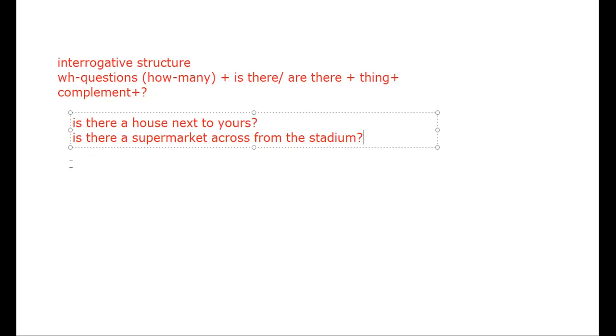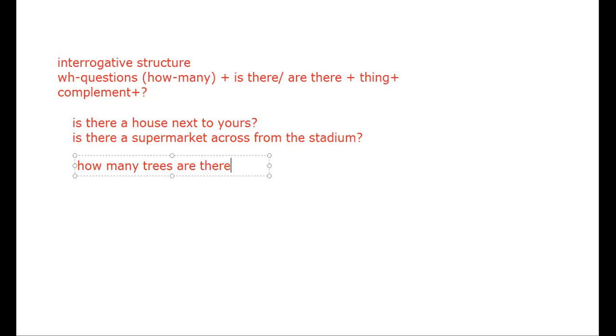Okay, now look at this. How many, como ya es cantidad, en este caso, como es cantidad, ya no vamos a ocupar el is there, sino que ya vamos a ocupar el are there. How many trees are there in your house?